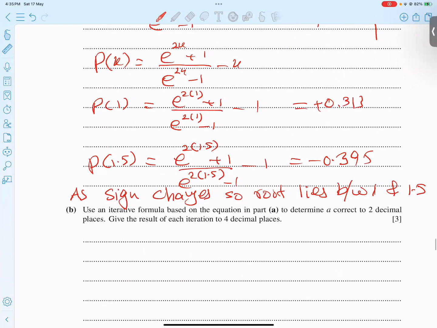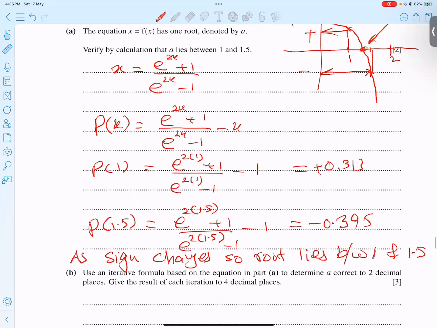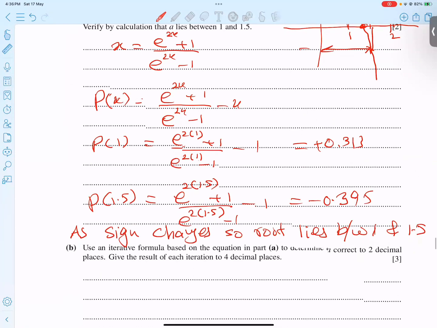And now we will go for using an iterative formula, to form the equation. So now I'm going to make a formula. How to write the iterative formula? The same equation I can take.